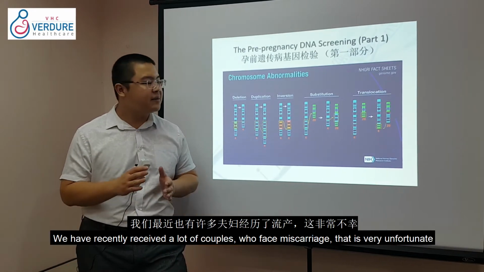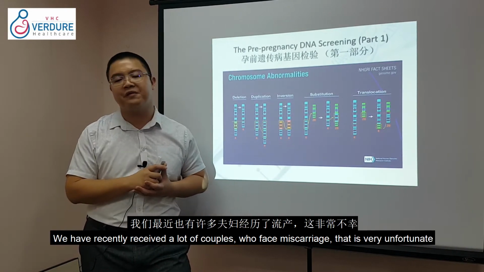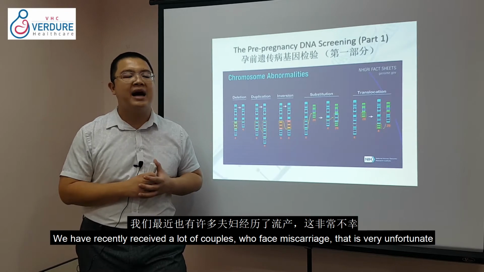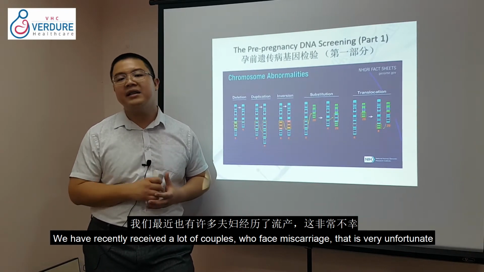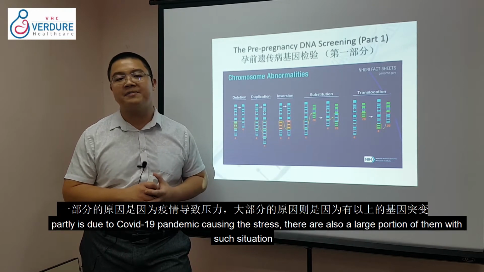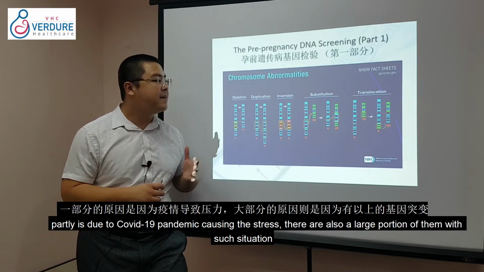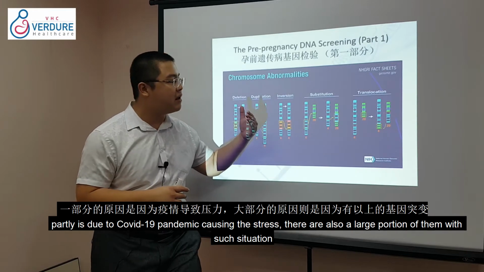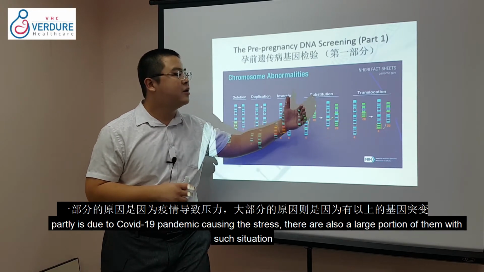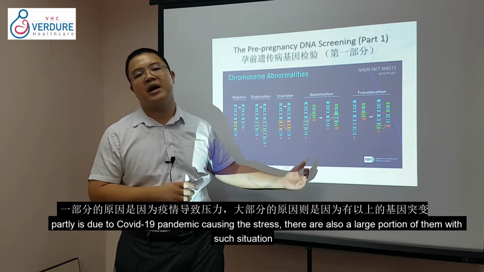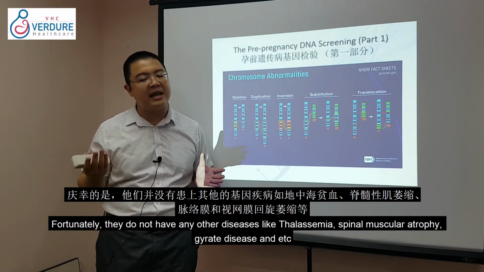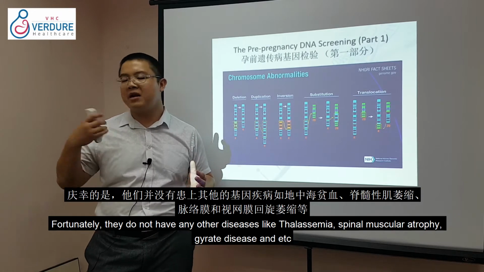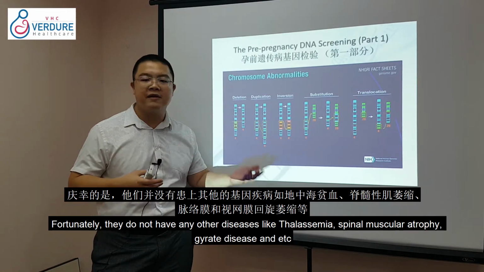Okay, so in fact, recently we have received a lot of couples who have faced miscarriage. That is very unfortunate. Partly it is due to the COVID-19 pandemic causing stress, but there is also a large portion of them with such situations. All right. Fortunately, they haven't brought any other diseases like thalassemia, spinal muscular atrophy, or gyrate disease.